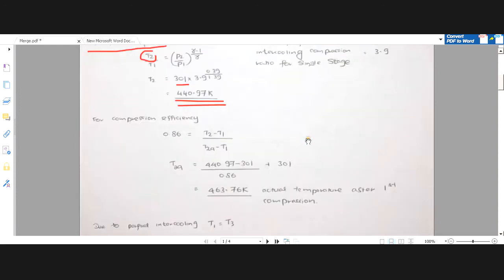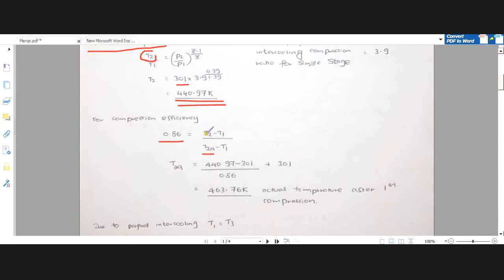Now we have to consider the most important part, the efficiency. What is the efficiency of the compressor? 86%, 0.86. I told you that upstairs and downstairs that consideration is there. The downstairs part is higher, that means the work we have to do in the actual scenario is higher. So T2a goes there.